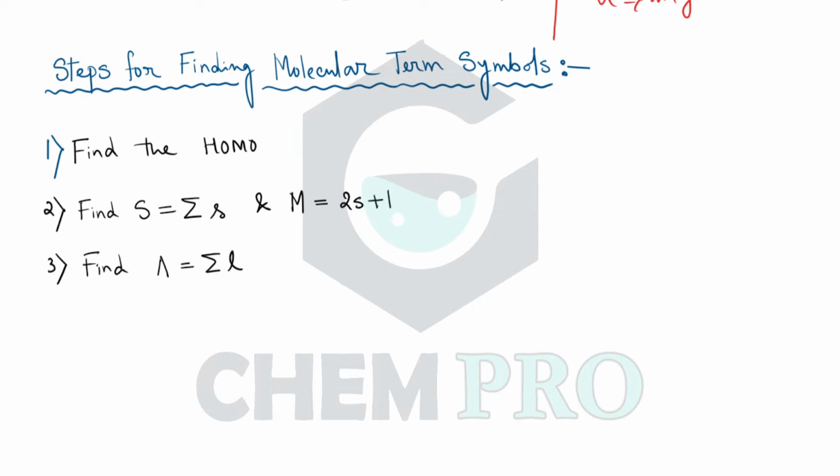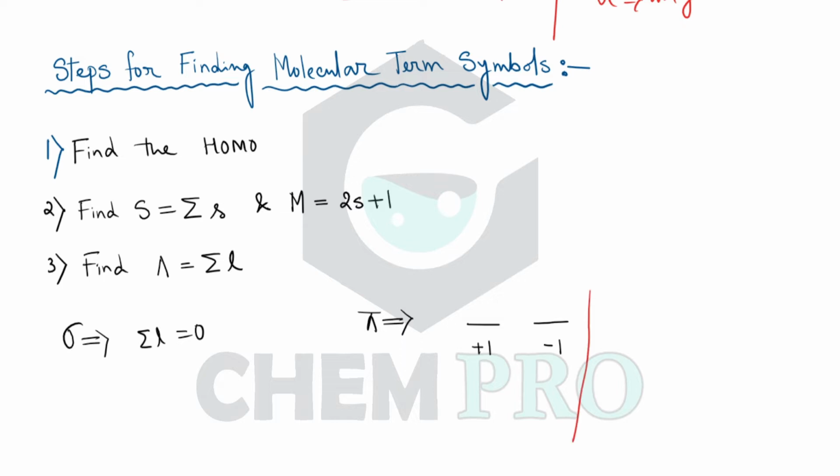So when it is a sigma orbital, then the summation of l is always 0, but for pi, for the two separate pi orbitals, here it is plus 1 and this is minus 1.